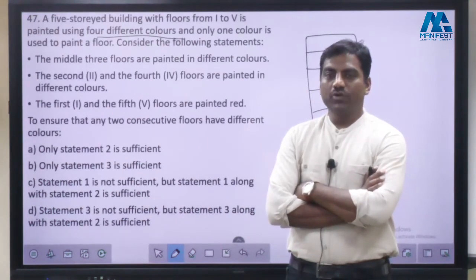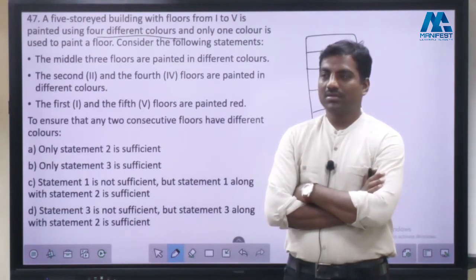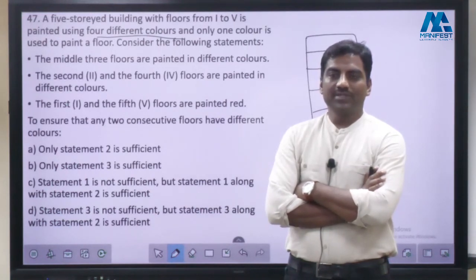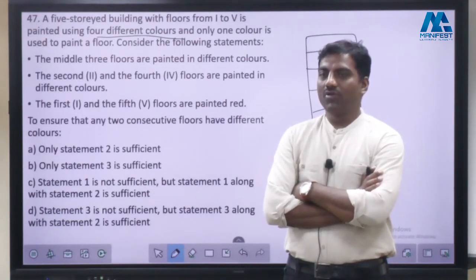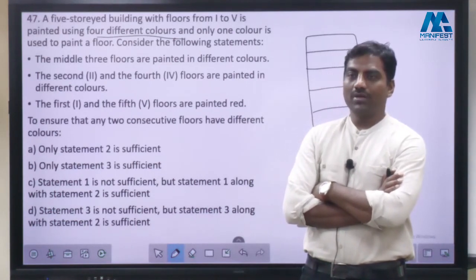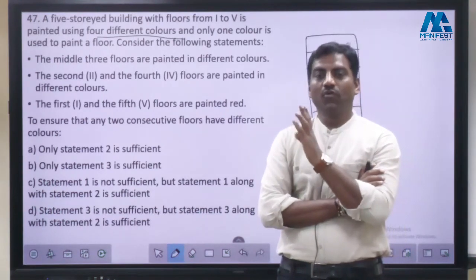With 2 colors, can you? Alternate colors. Okay, I'll give black and white. First floor black, second floor white, third floor black, fourth floor white, fifth floor black. So we require 2 here, but they have provided us 4.